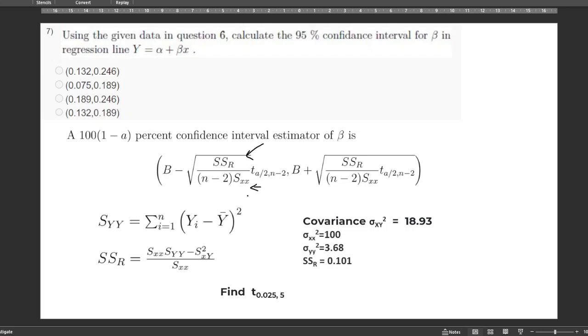Apart from that, we already have sxx and variance of x. Also we have to find the t value from the t table. So these two things we have to find out. Beta we have already found from question number 6, and we can call that value and use it here.